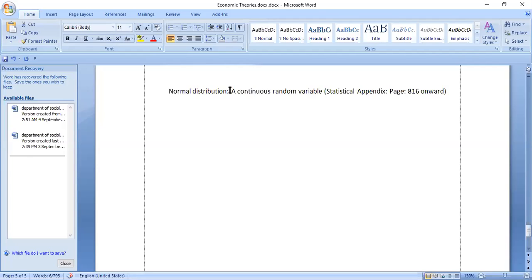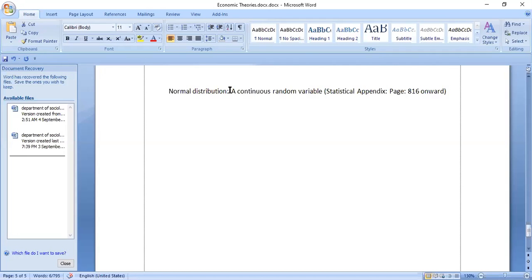What is so special about this distribution? It is a perfectly symmetric distribution. The density function looks so ugly, however, when you draw it, it is perfectly symmetric.